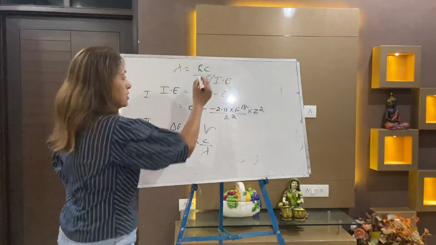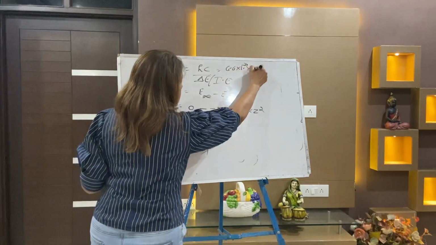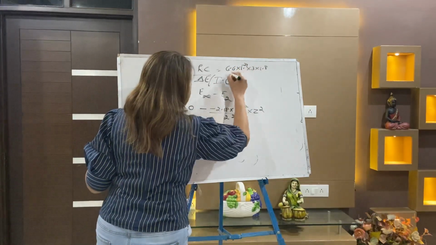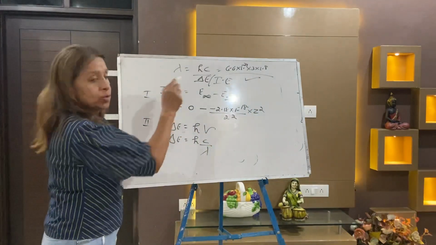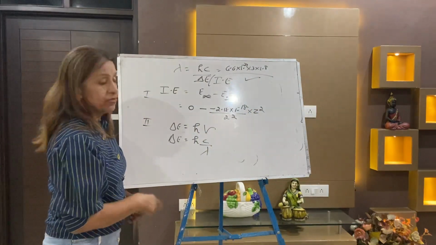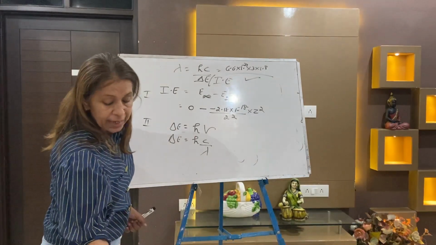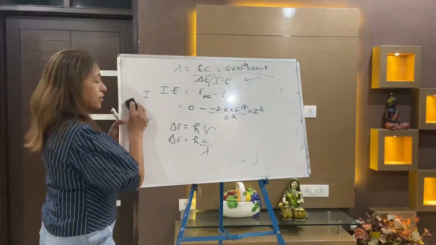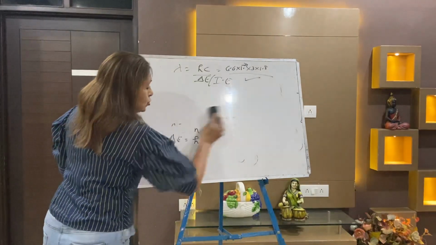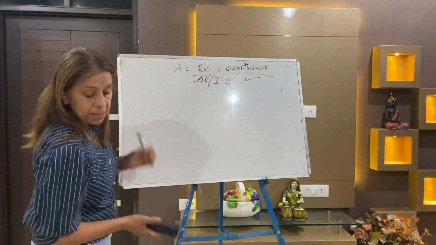Your h is 6.6 into 10 to the minus 34, your c is 3 into 10 to the power 8, and whatever the ionization energy comes out to be, you put here. This lambda will come in meter. Now the question asks you to calculate the lambda in centimeter. So after calculating the lambda in meter, you convert it into centimeter. So it's a very simple numerical.